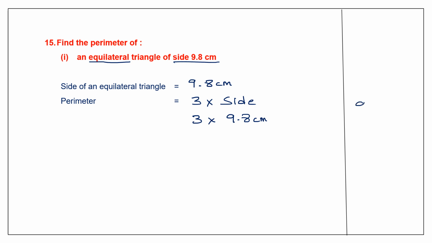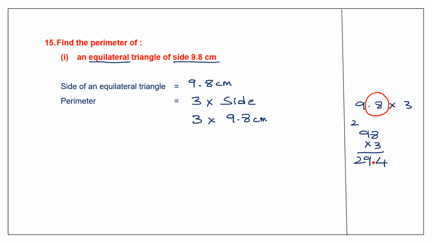So let's multiply 9.8 into 3. Ignore the point, 98 into 3. 3 8s are 24, carry 2. 3 9s are 27, plus 2, 29. Now go back to the question. There is 1 decimal place. Your answer also should have 1 decimal place.